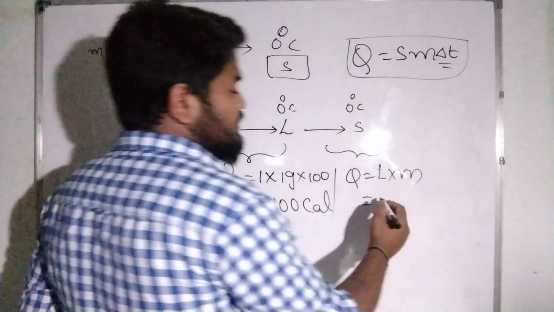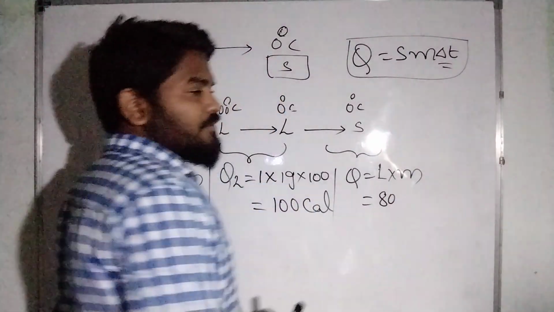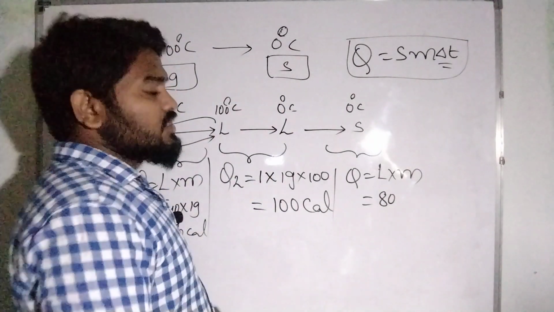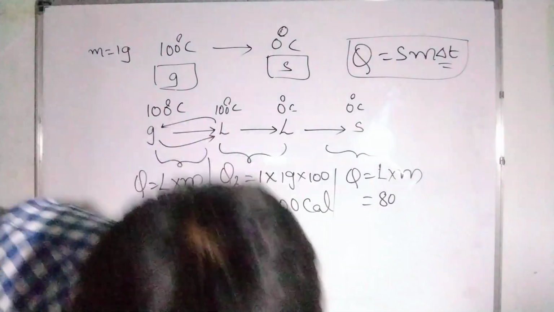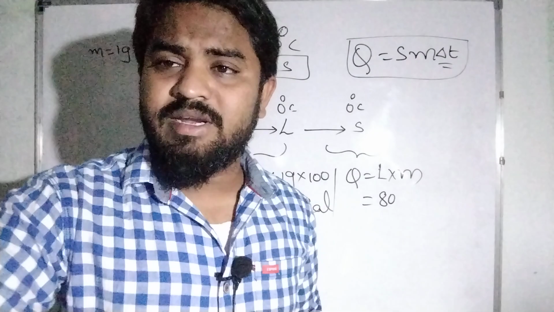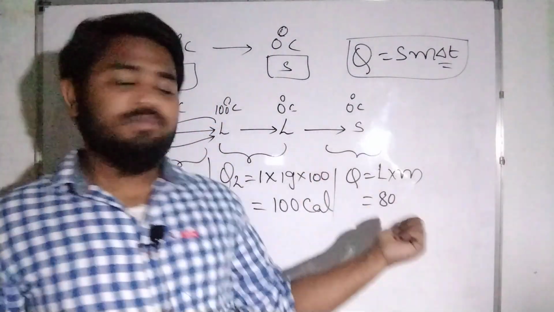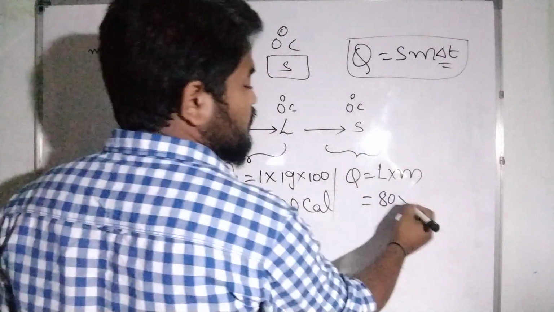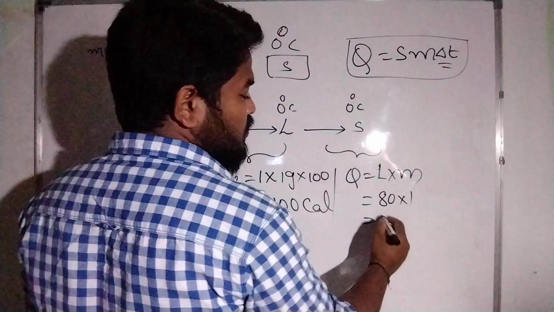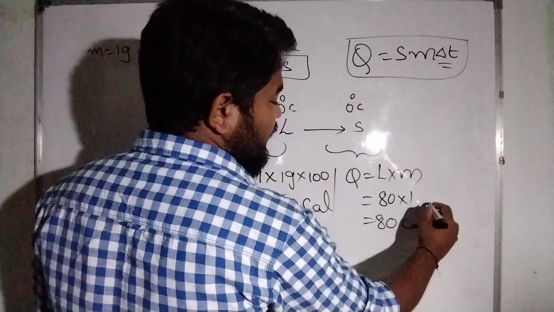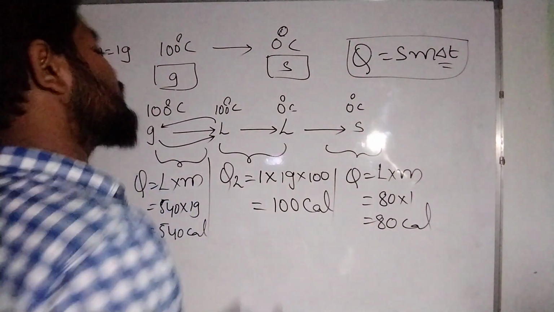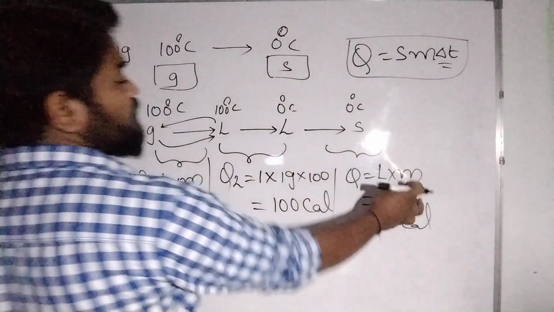This value is 80 calorie per gram, right? So now L = 80. So I think it's very clear, right? So 80 calorie per gram. So 80 into mass of the substance 1. So 80 calories. If they give 2 grams, you have to substitute 2 in the place of M.